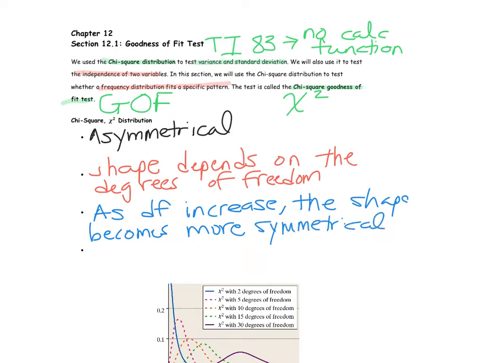And then finally, what's unique about this compared to your normal curve or your student's t-distribution is all the values of chi-squared are greater than or equal to 0.